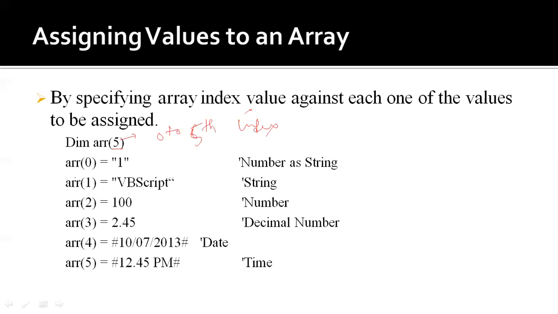ARR(0) means the first element is 1, the second element is VBScript, the third element is 100, the next element is 2.5, the next element is a date, and the next element is a time. So as we can see from this example, we can store different types of values in an array.